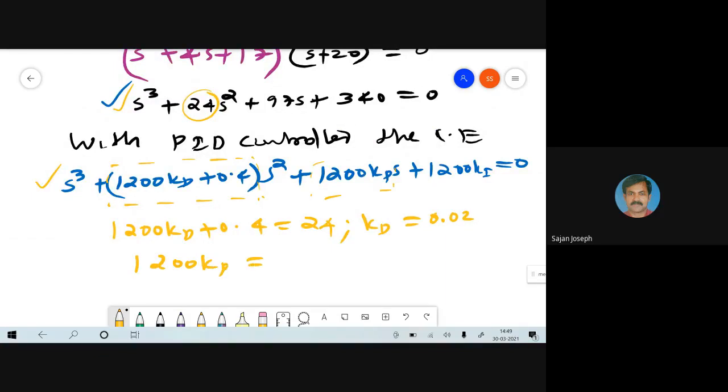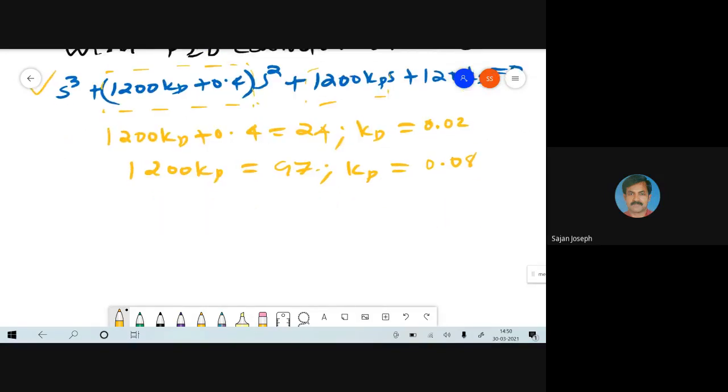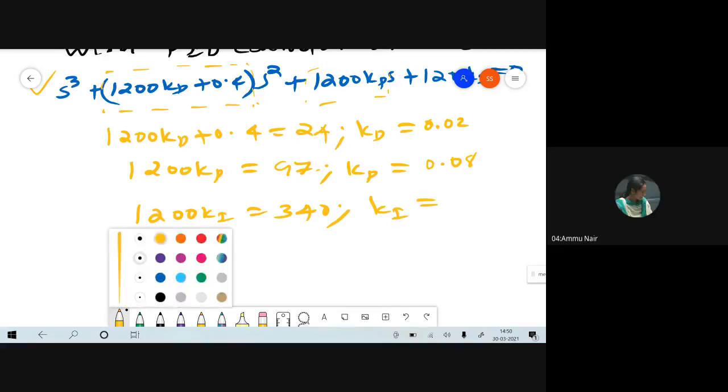Then the coefficient of s is 1200 Kp, and here it is 97. So what is Kp? 0.08. And 1200 Ki is equal to 340. What is Ki? 0.28.